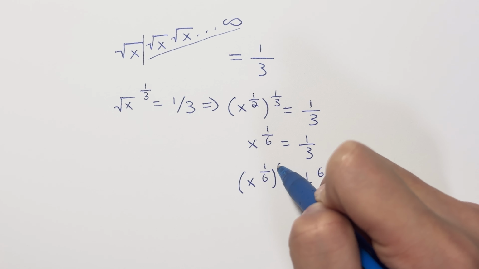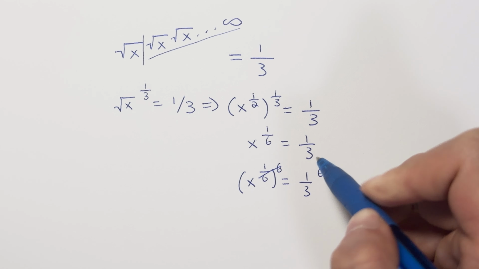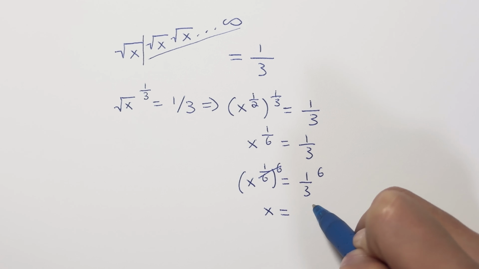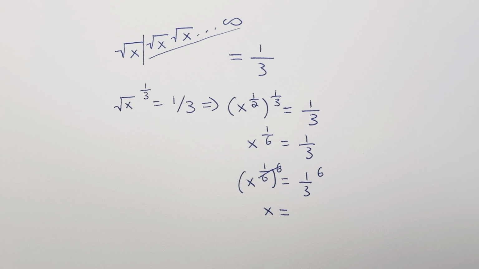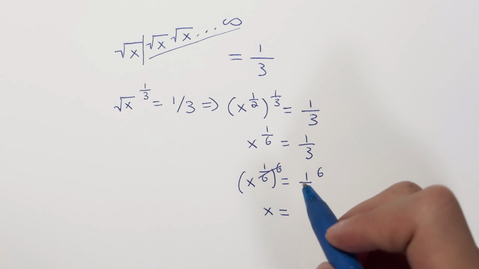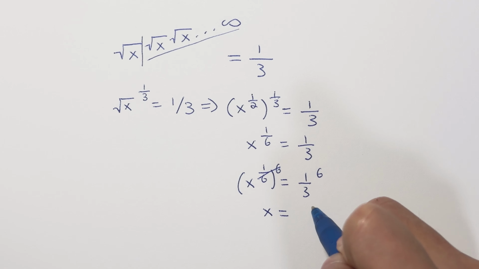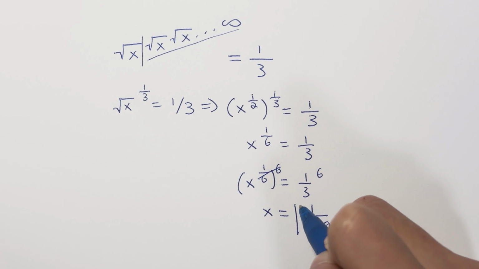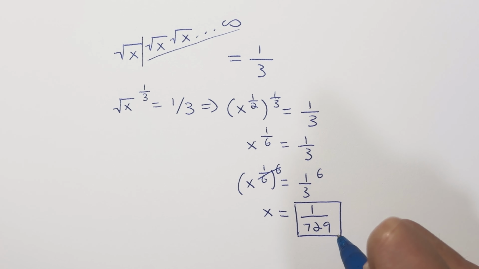So 1/6 times 6 is equal to 1, so that cancels out, leaving us with x equals 1/3 to the power of 6. 1/3 to the power of 6 is 1/729 after you calculate the exponent. So the answer to our problem is x equals 1/729.